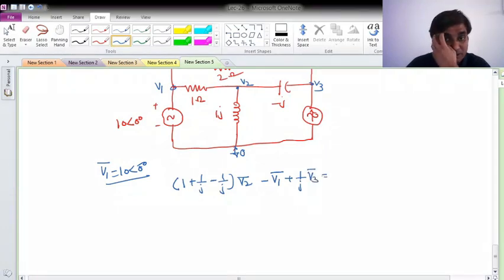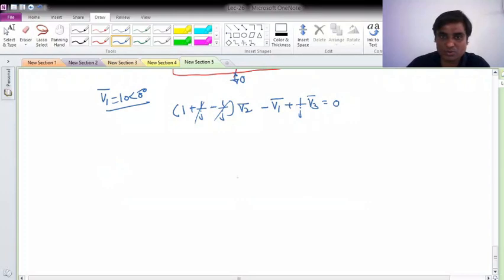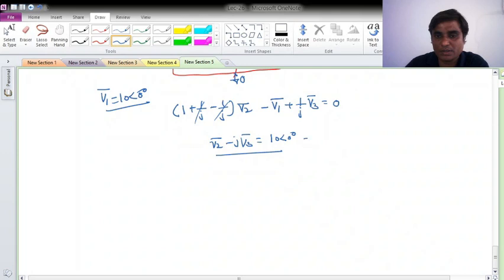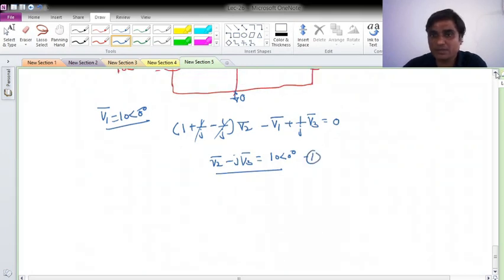This will be equal to the sources connected, which are 0 here. So this and this will cancel. So I can directly write here V2 phasor, this is minus 10, so this will be shifted onto the right side, and this will be minus j V3 phasor, which will be equal to 10 with angle 0 degree. This I can call equation 1.